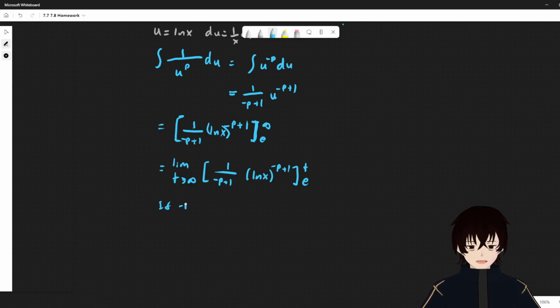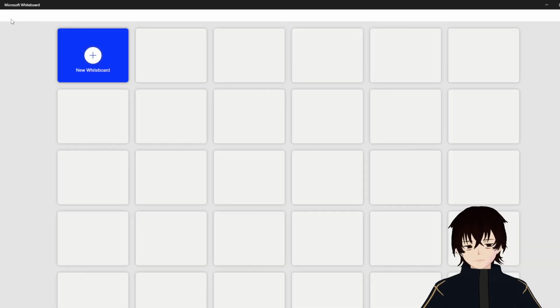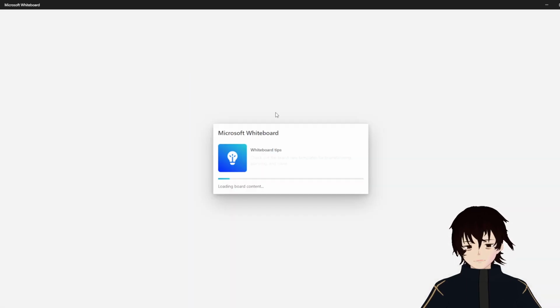If negative p plus 1 is greater than 0, as t approaches infinity, natural log of t to the power of negative p plus 1 also approaches infinity? Wait a minute. Wait, no. Yeah, I was right. Hang on. We need to keep doing this.